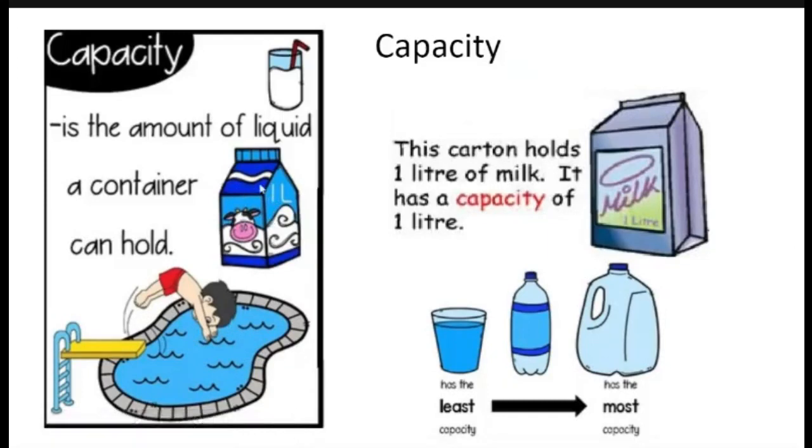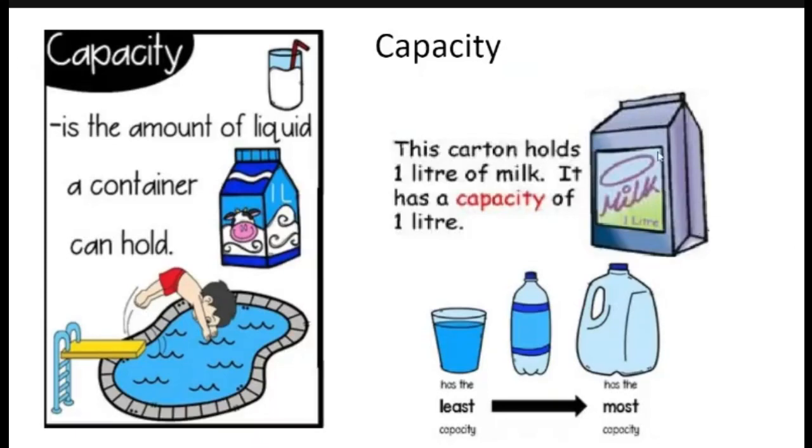We have a carton of milk. Capacity is how much milk we can put into this carton, and we have a glass. Capacity of this glass is how much milk we can put into this glass.